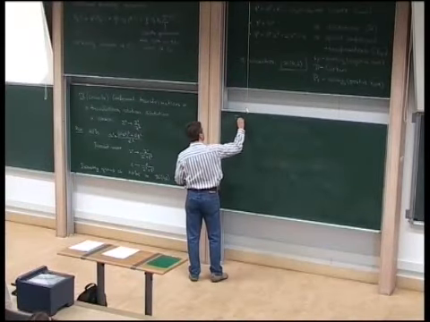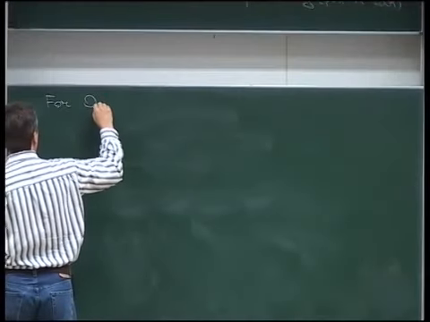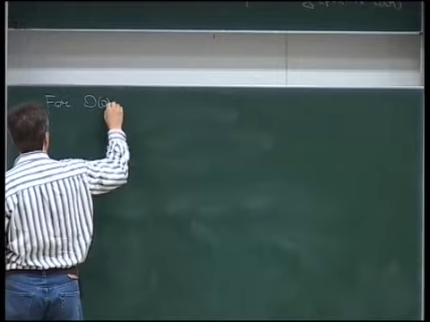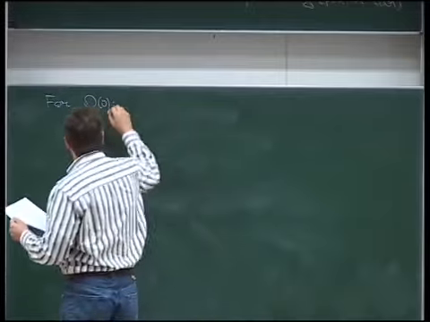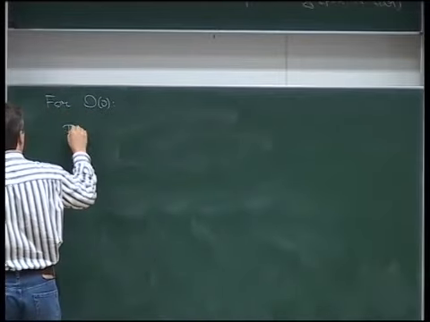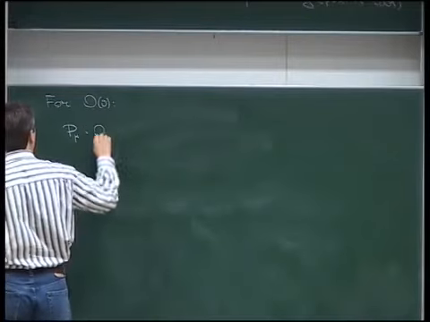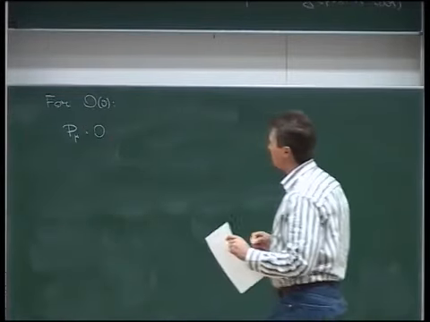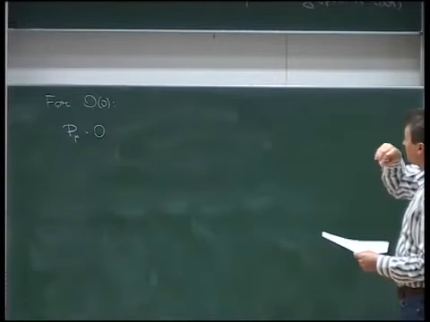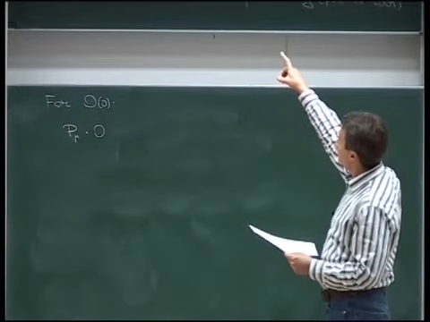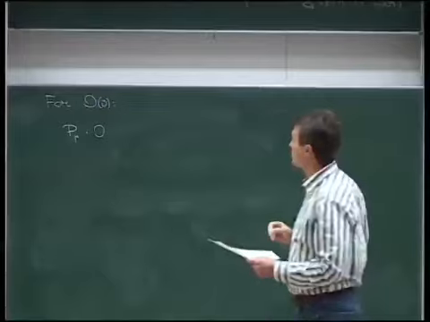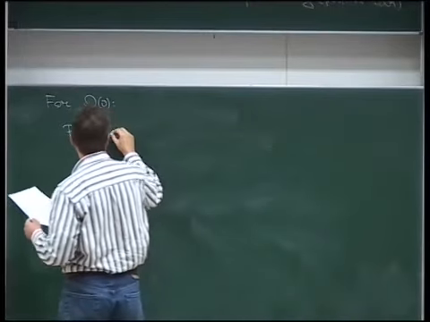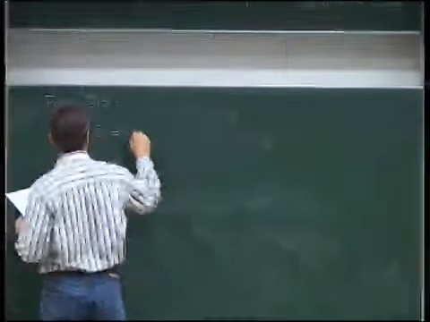So let's consider the case where the operator is evaluated at x equals 0. Then P acting on the operator: for P, xi mu is a constant, so only the first term in the transformation survives.